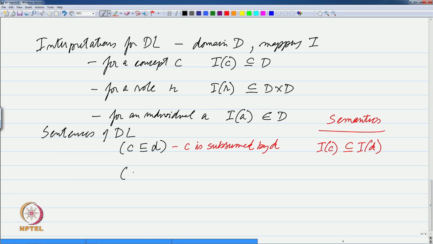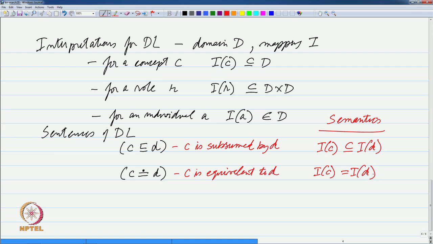Then we can say that C is the same concept as, or is equivalent to, the concept D. And as you can imagine, the semantics of that is that the two sets must be the same. What are these sets? These are the interpretations. Remember, we are talking about a domain and then a mapping.